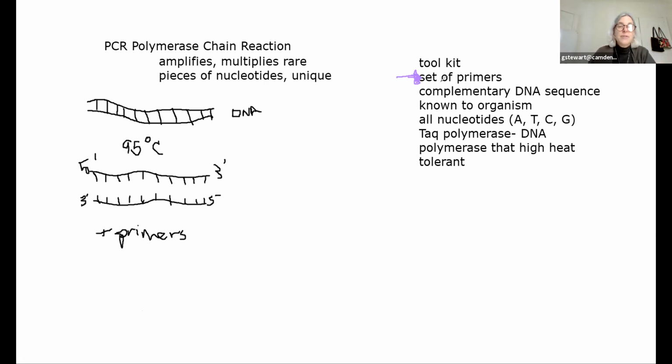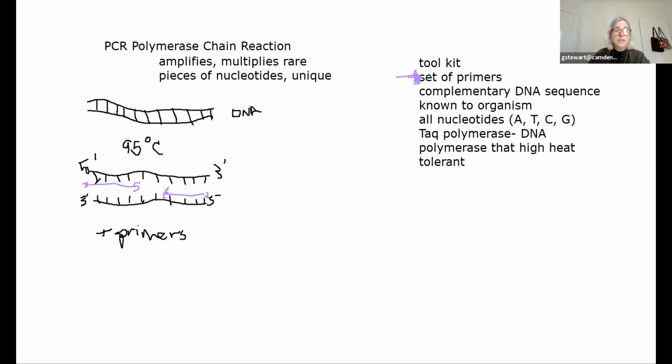We've already got primers, one set that's 5 to 3 and one that's 3 to 5 that are specific for this particular sequence. So I'll make them purple. So we have one primer that will sit here, complementary 3 to 5, and then another primer that'll sit here in this direction, complementary 5 to 3, right?